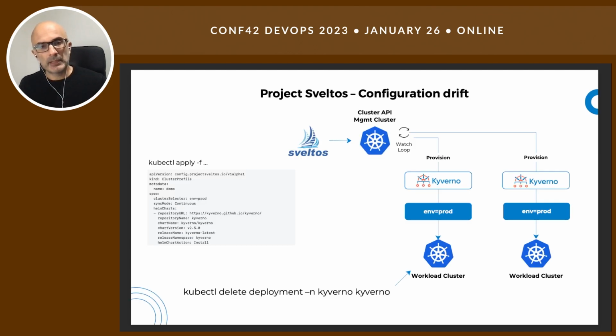Now, let's go back to our example. We had Sveltos deploy Kyverno in any cluster with label environment production. What happens if now one of the admins in one of the managed clusters deletes the Kyverno deployment? So we have one of the admins issuing the kubectl delete deployment.